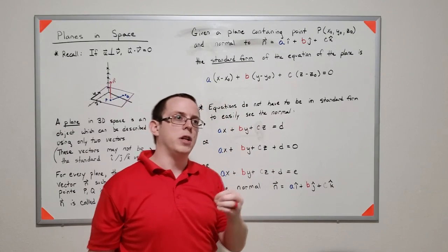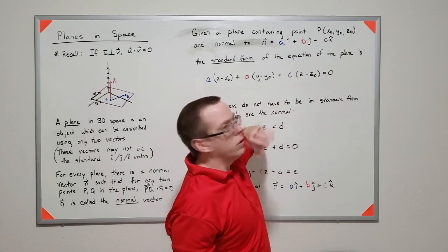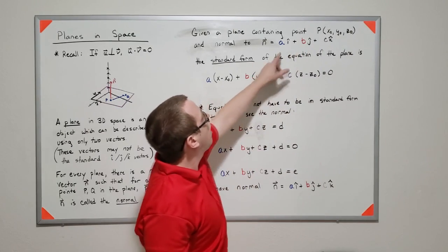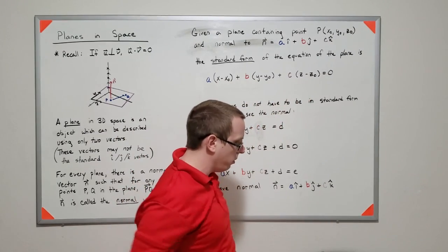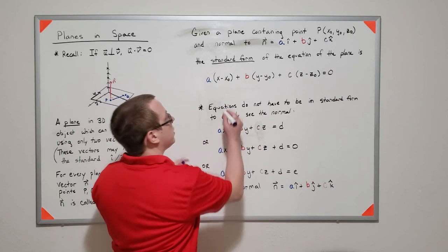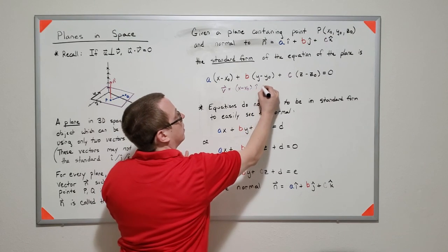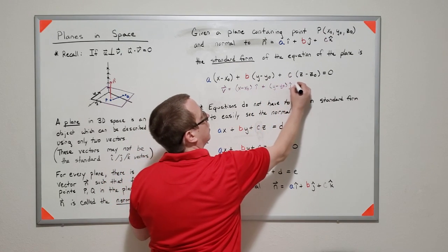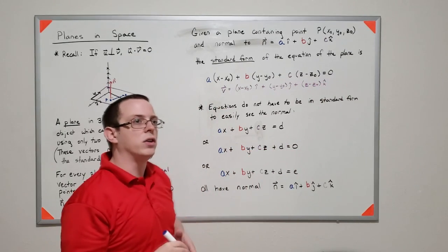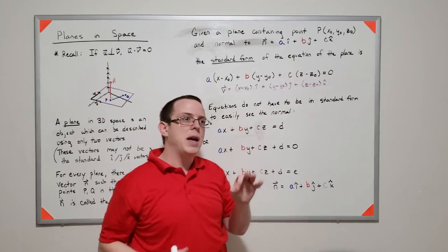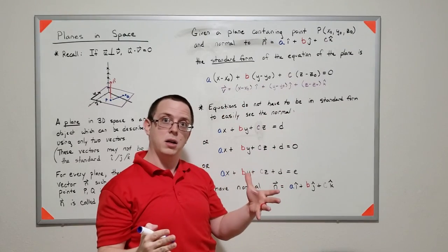Well, it comes from the nature of the dot product. These are the components of the normal vector, and I dot it with some vector whose components are x minus x0, y minus y0, z minus z0. That makes sense because any x, y, z that plugs in here is also a point in the plane.